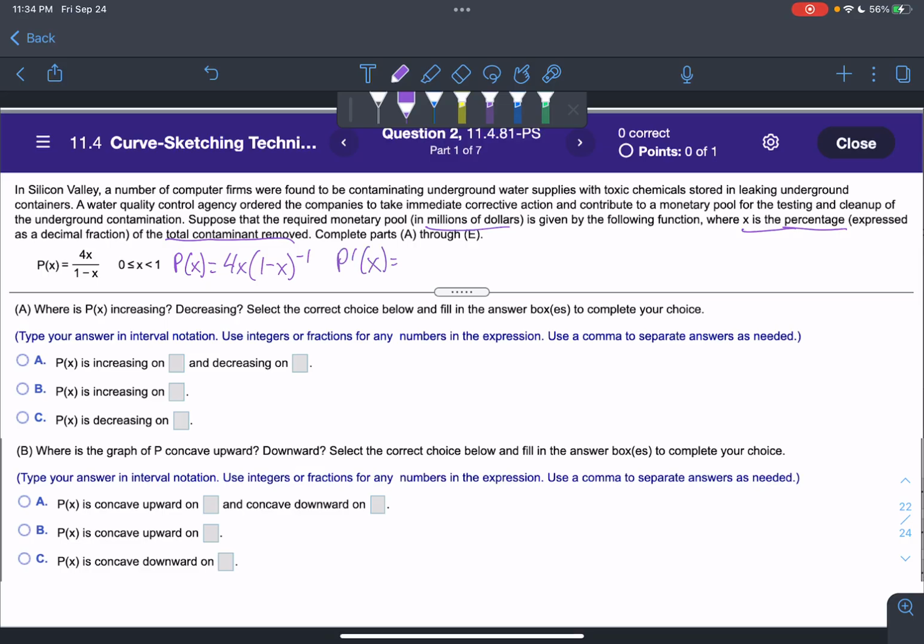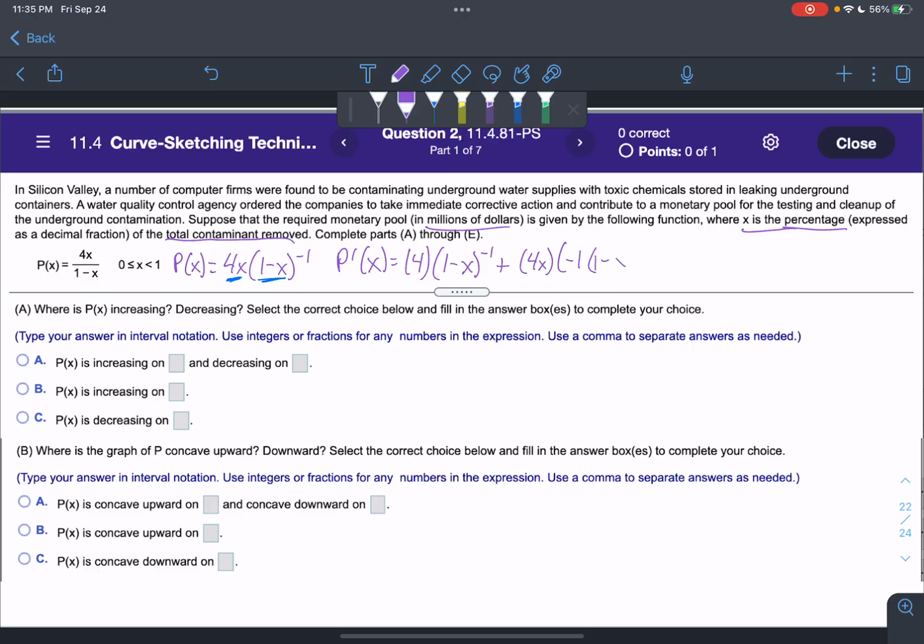So again, I have a product rule, right? 4x times 1 minus x to the negative 1 power. So that's two terms with x being multiplied. So that means product rule. Let's take the derivative of the first term. That will be just 4. Take that coefficient, 1 minus x to the negative 1. Then I'm going to rewrite my 4x, and then the power rule, right?